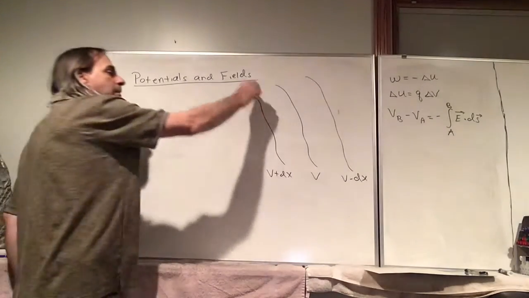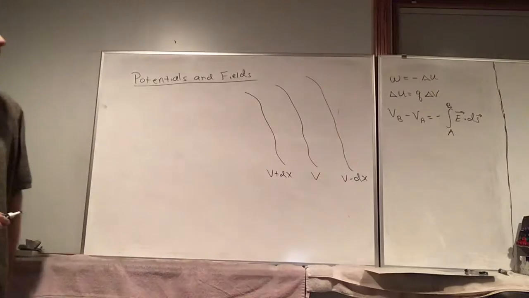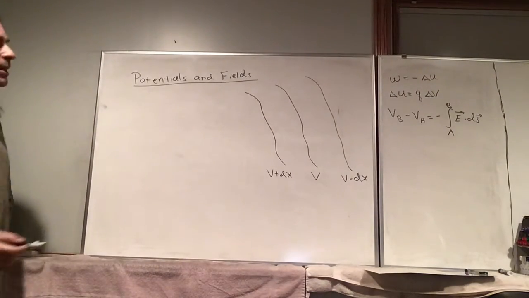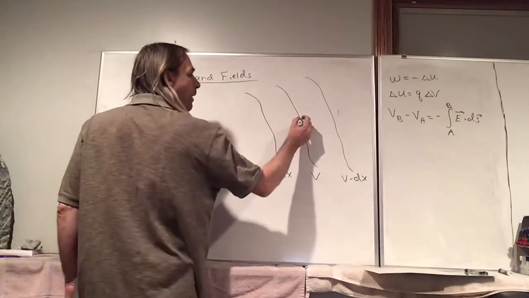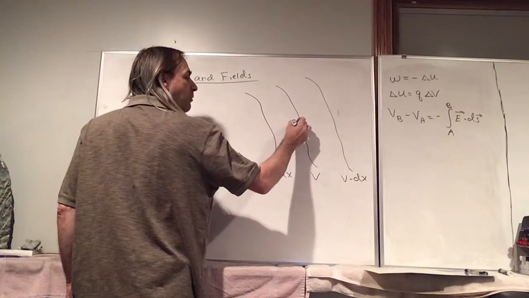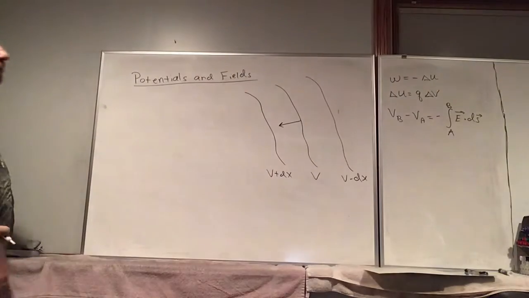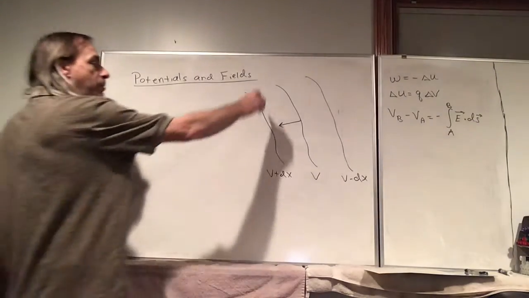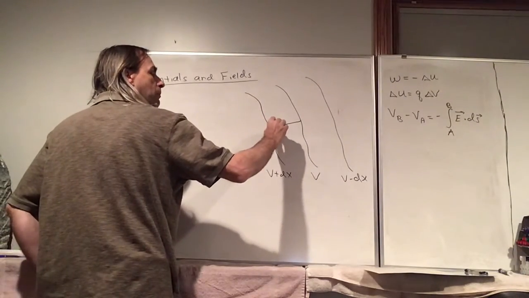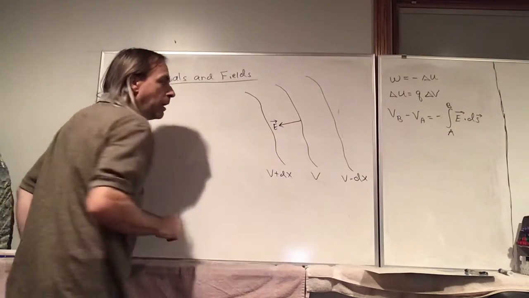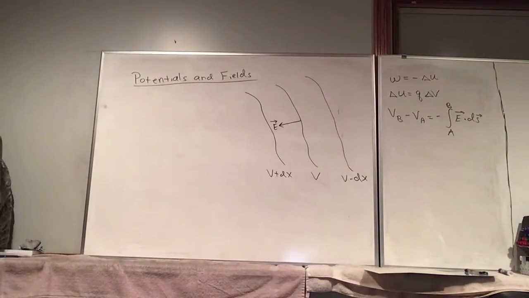Again, these are equipotentials, and we know the electric field is perpendicular to that. So the electric field at this point would look like this. It has to be perpendicular to this equipotential. And let's consider some displacement.